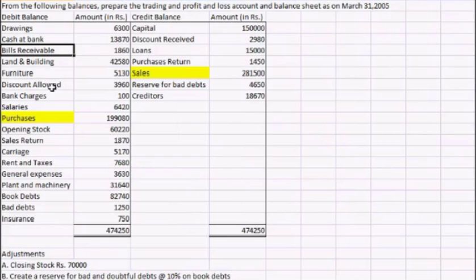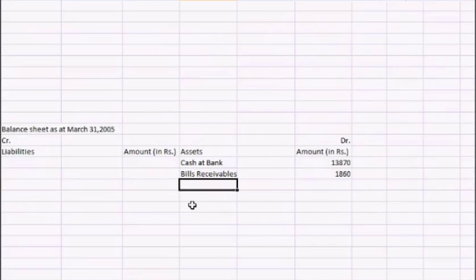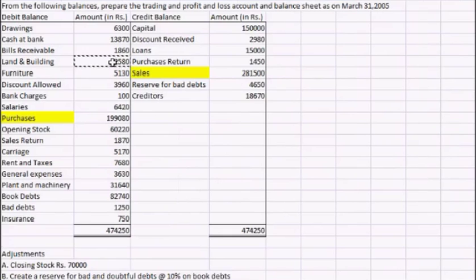The next account is land and building. Since we don't have any depreciation in this, we can just enter this in the assets part. Land and building. Take the amount from the trial balance.